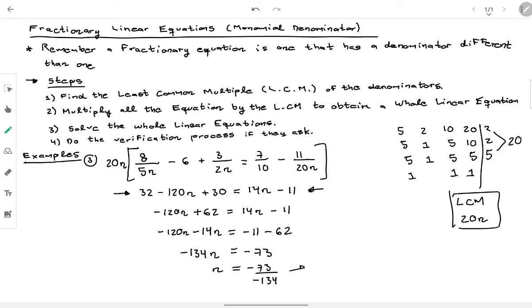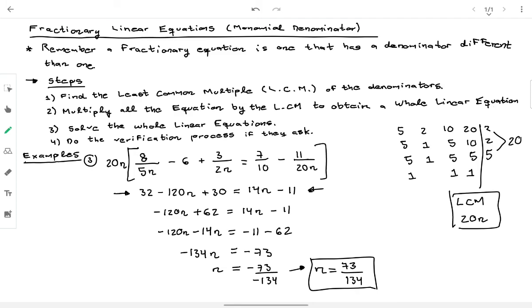So the first thing we need to do, minus divided by minus, it's plus. So it's going to be 73 over 134. Then we need to check if our fraction is simplifiable or not. This fraction is not simplifiable, so our answer is going to be that n equals 73 over 134.